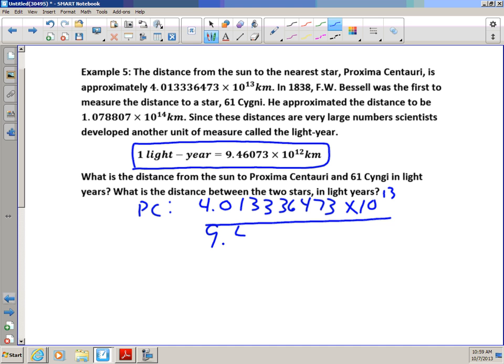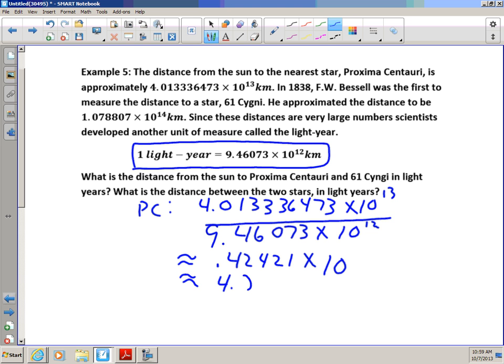Okay, so I do my division. Again, you would be using a calculator to do this. You get 0.4241 times 10 to the first, which then means the distance is a little more than 4 light years.